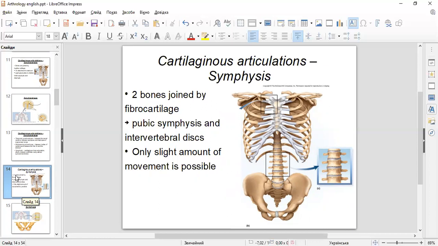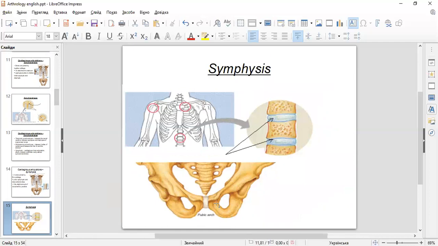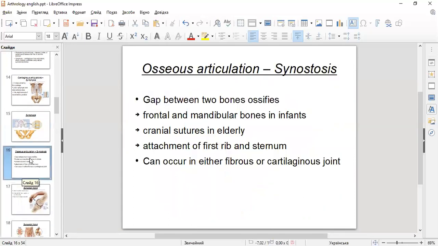Symphysis, two bones joined by fibrocartilage. Only slight amount of movement is possible. Osseous articulation, synostosis. Gap between two bones or surface is absent.